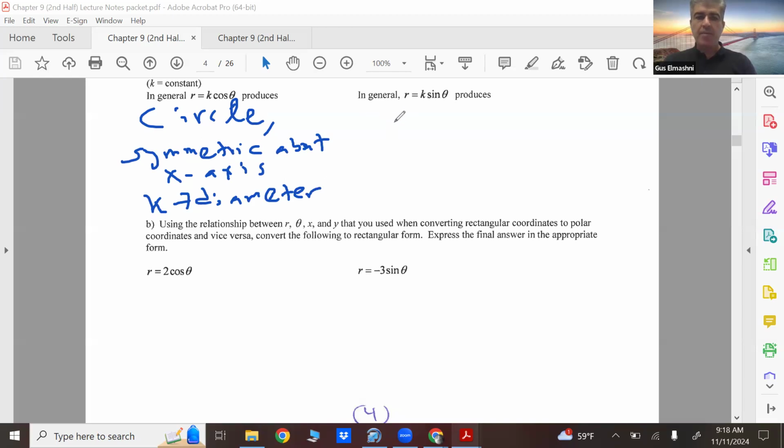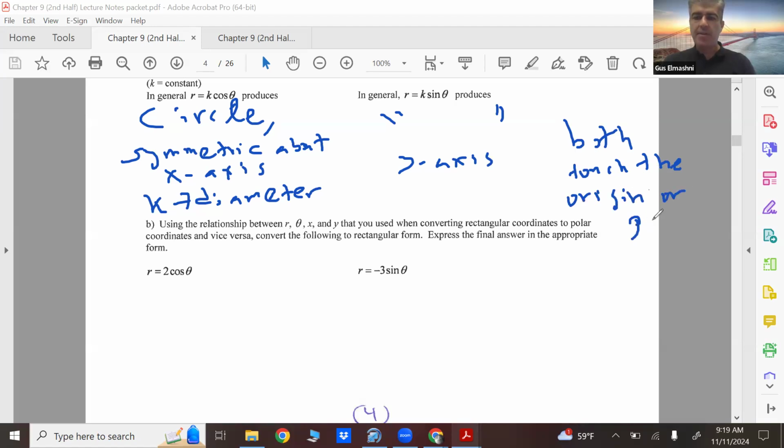And same thing here, a circle symmetric about the y-axis. That's the only difference. And both touch the origin, or pole, as we like to call it. Both touch the origin or the pole.